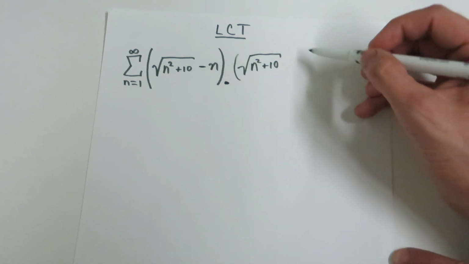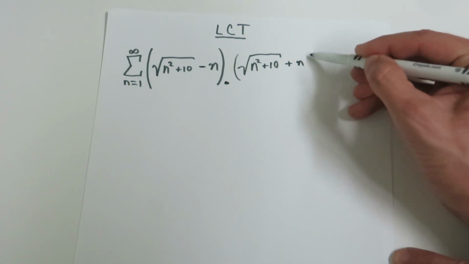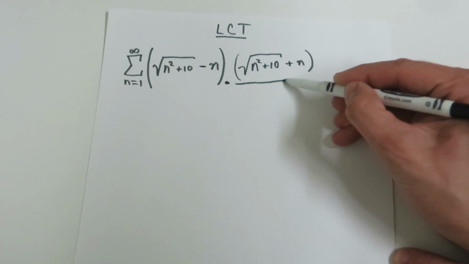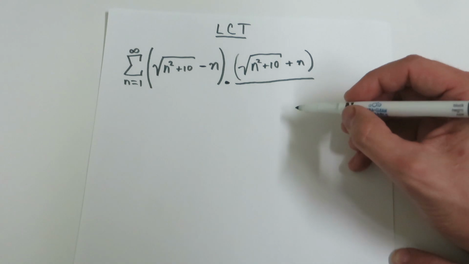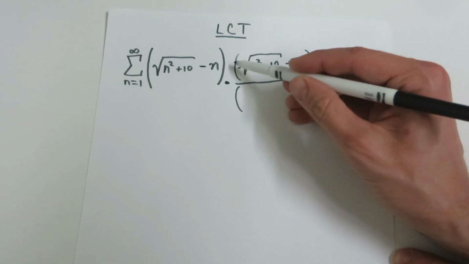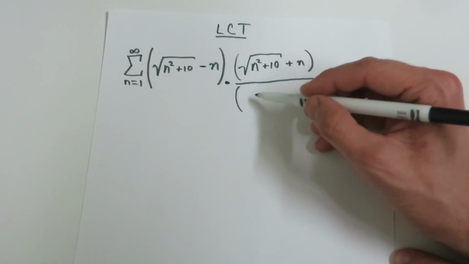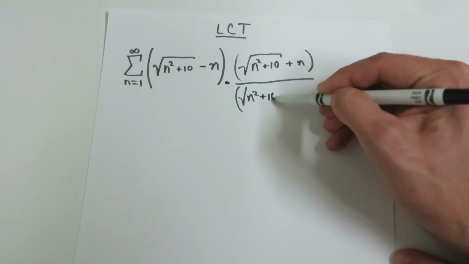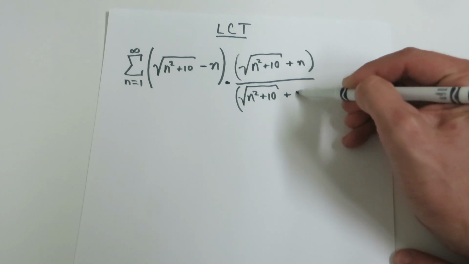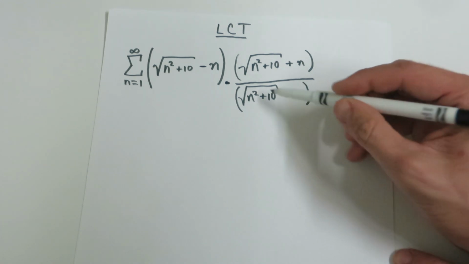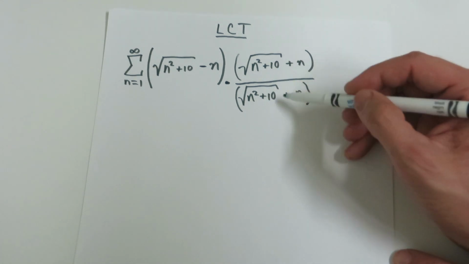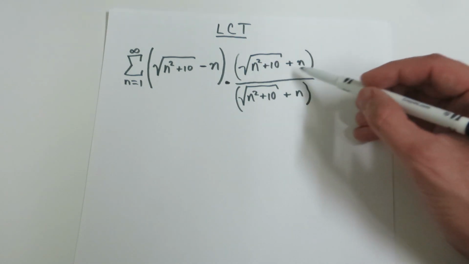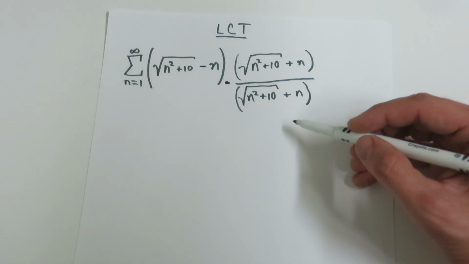Now instead of a minus, we're going to have a plus n. And if we're multiplying that by that, we can divide by this. And this is just going to be the same as if we multiplied by 1. So if we multiply it by something divided by that something, that's just the same as multiplying it by 1. But now we can just sort of tease out an expression that's easier for us to work with.